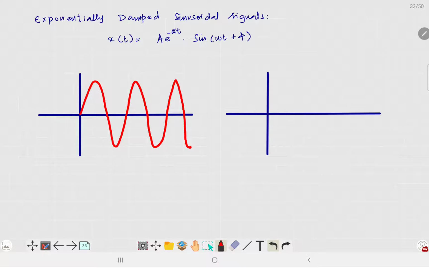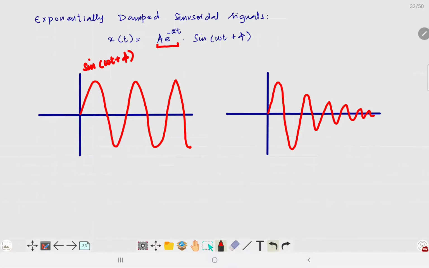So this will be a pure sinusoid, say sine of omega t plus phi. But when it comes to exponentially damped sinusoidal signals, this is basically a decaying exponential, so it will impact the amplitude of my sinusoid. It will be something like this. It will reduce its amplitude continuously as time goes on.